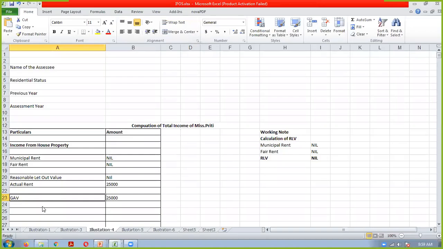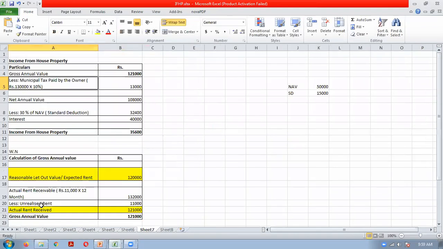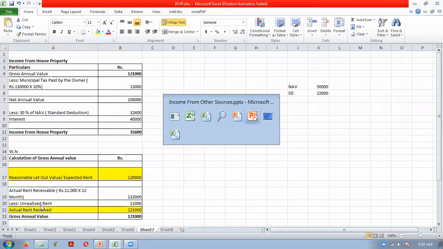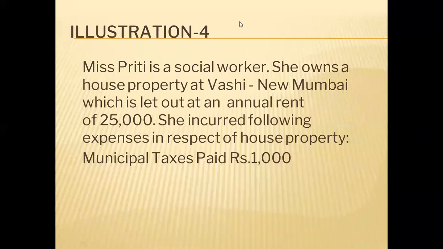Okay. After GAV, we will have to reduce the municipal tax. Municipal tax paid is how much? Municipal tax paid is 1,000.